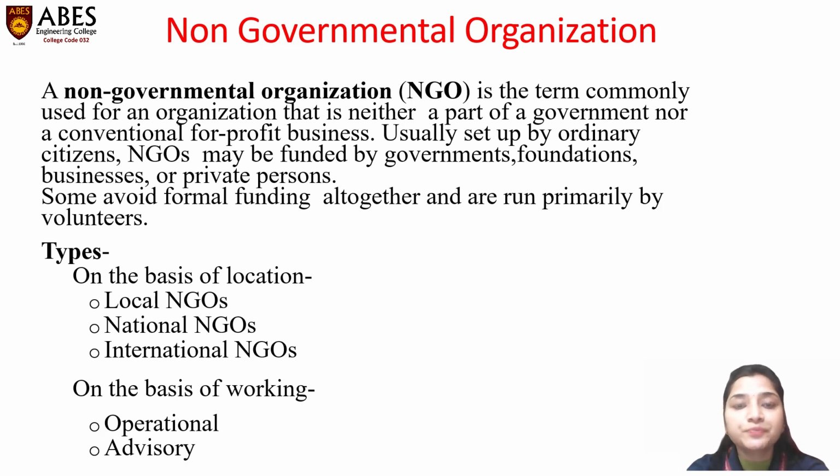Operational NGOs provide or fulfill the voids found in any particular domain like education or women empowerment or women skill development, taking women into entrepreneurship, providing everything from benchmark to that particular level. They have the operations within the NGO and provide the platform of their own.